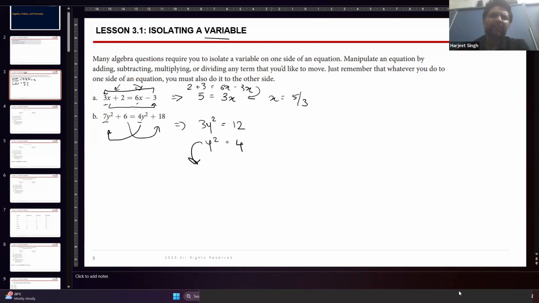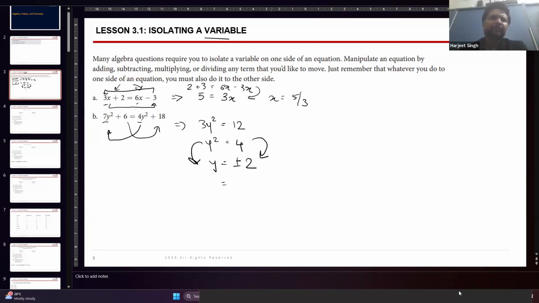Now, on the GRE, whenever we are given a square, if I take the square root, the answer is plus minus 2. Okay, so just make a note of this. Whenever squares are given and you have to take a root, the answer could be plus minus 2. It can also be written as mod.